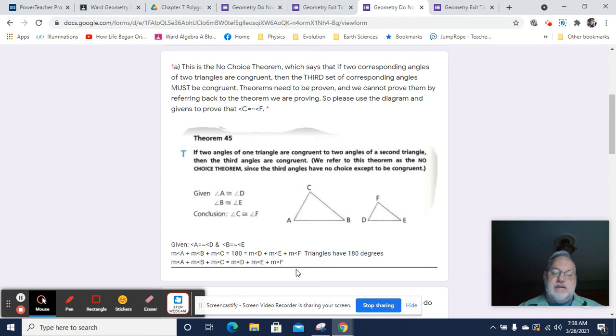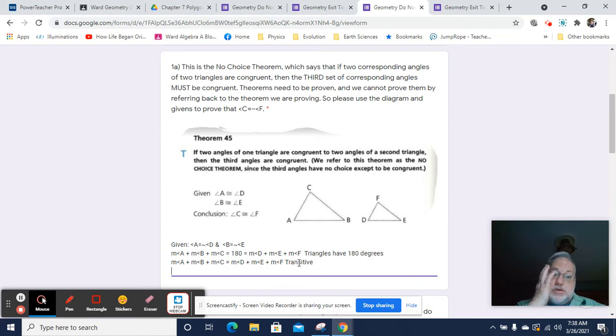And then we can do this by transitive property. Since the measures of angles A and B are the same as the measures of angles D and E, I can subtract the measures of angles A and B from this side, and I can subtract the measures of angles D and E. This is basically by algebra and substitution.